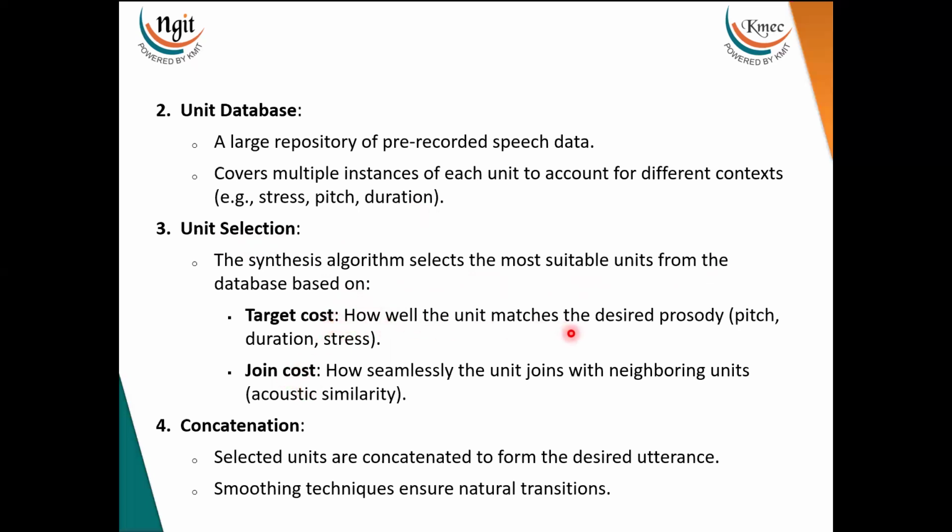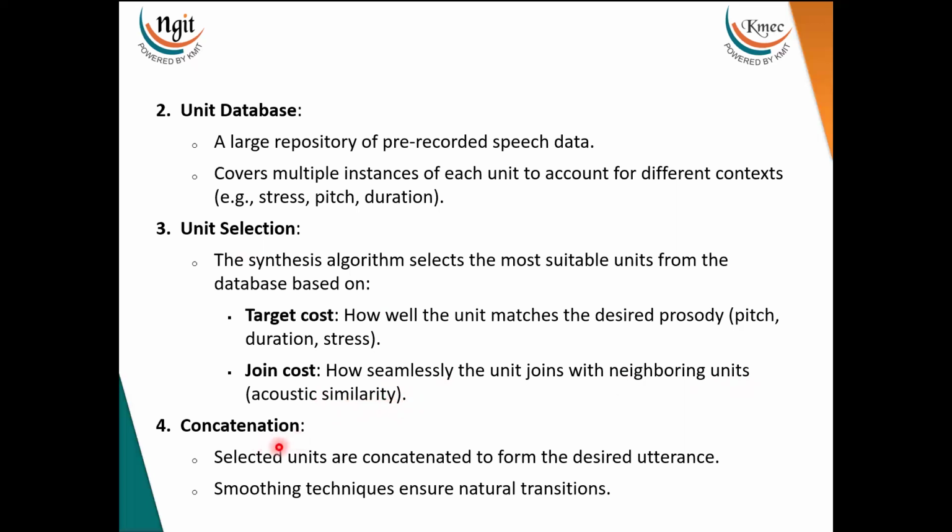How well the unit matches the desired prosody. Prosody as in the pitch, intonation, duration and stress. Next, join cost. How seamlessly the unit joins with the neighboring units is join cost. That is your acoustic similarity, we say.